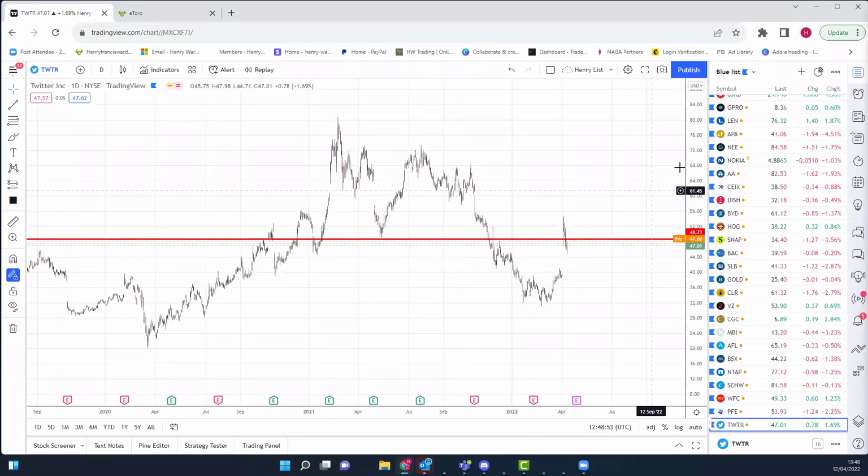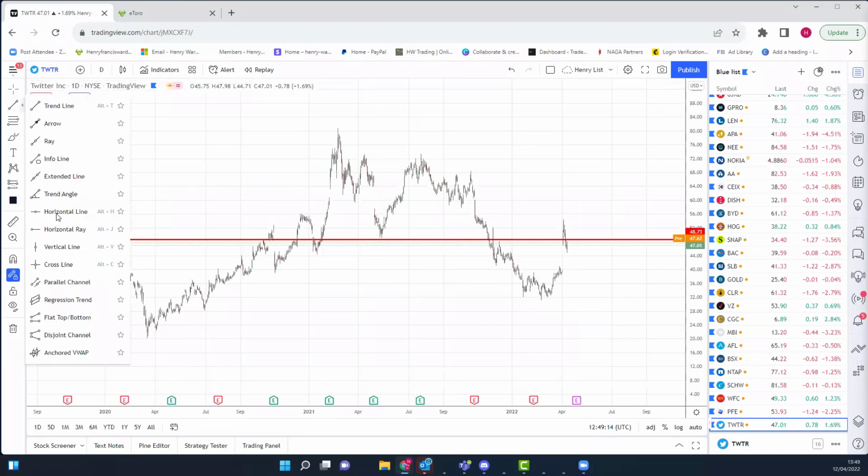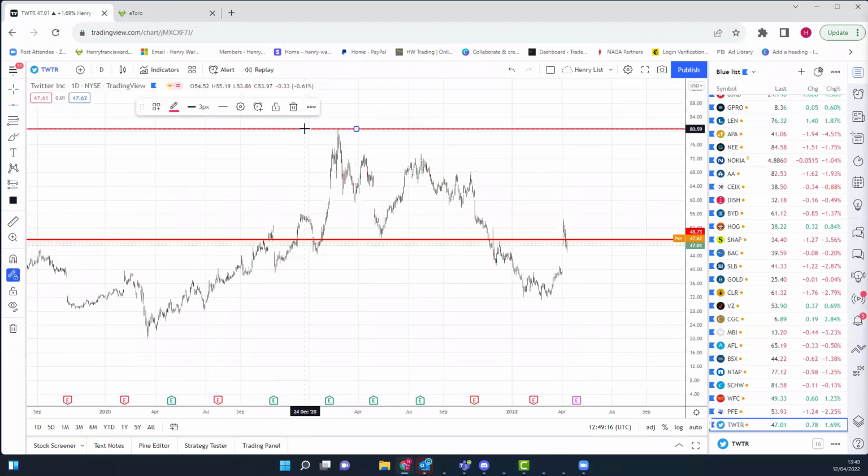But Twitter, anyone who jumped in on Twitter like I did, what's your consensus on this? Are you looking to hold this long term? Are you looking to hold this short term? Or are you looking for this to hit the record high and you're looking to jump out? What's the thinking behind this?